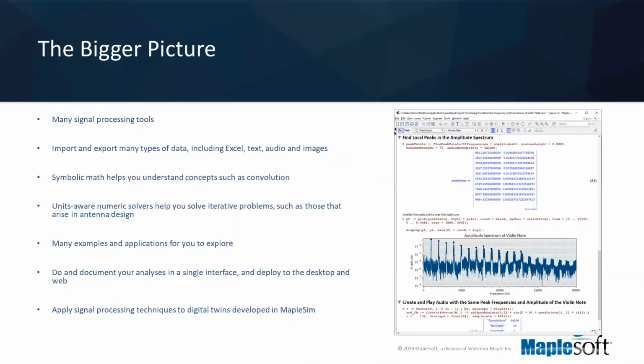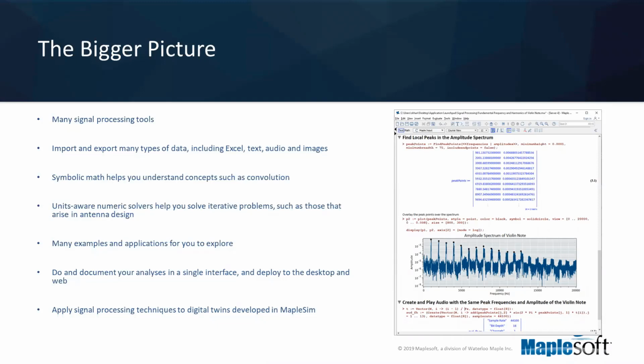So let's look at the bigger picture. I'll go into a little bit more detail on Maple signal processing tools on the next slide. But there are lots of them. There are lots of signal processing features. You can import and export many different types of data, so spreadsheets, CSV, images, text, audio, binary data files.